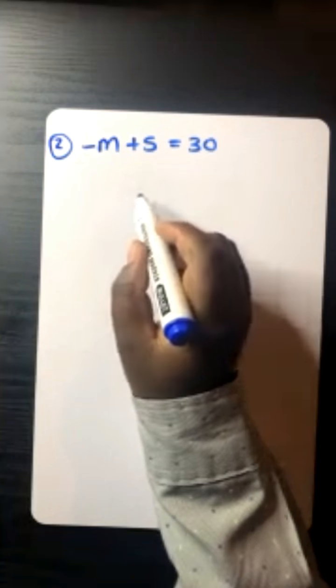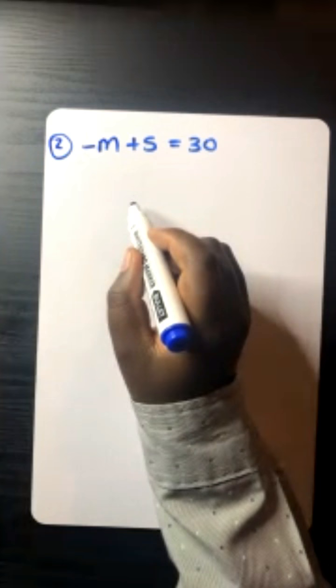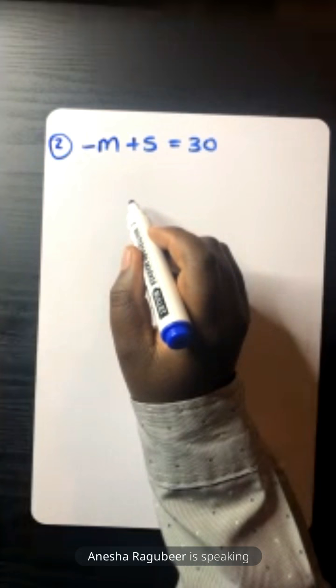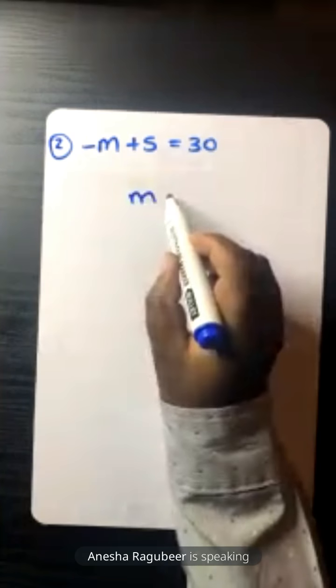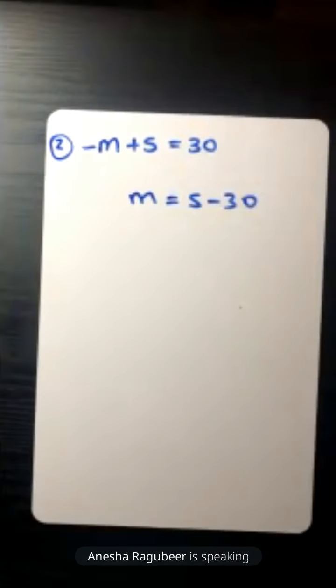So wait, what am I writing first, Shreyas? So you have to take your m, which equals 5 minus 30. So you're saying I write m equals 5 minus 30. The m has to have its negative sign in front of it.